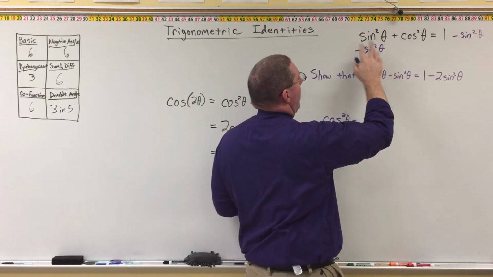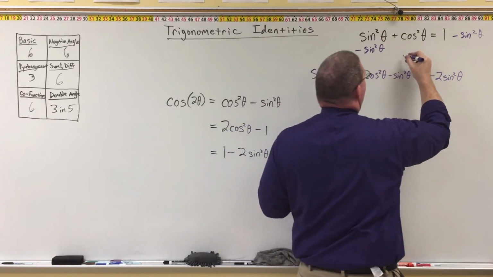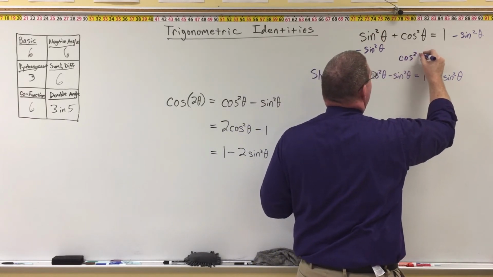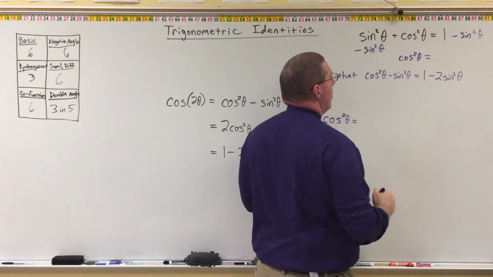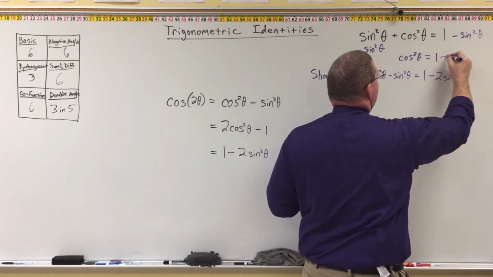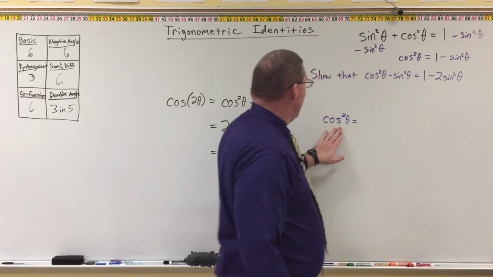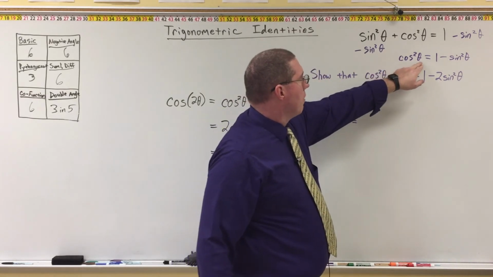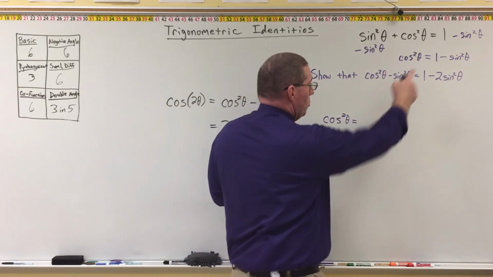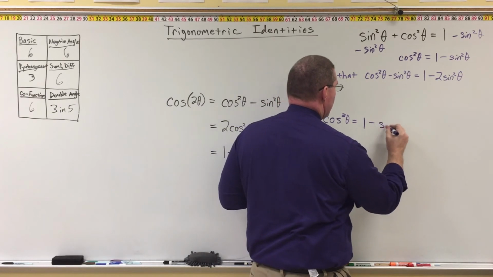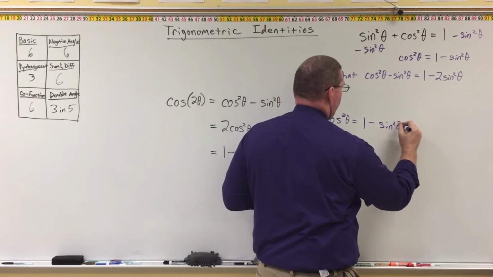On this side, it's going to cancel, and all I'm going to have left is cosine squared of theta equals, and then over here, 1 minus sine squared of theta. So sure enough, I now have that cosine squared of theta is equal to 1 minus sine squared of theta.